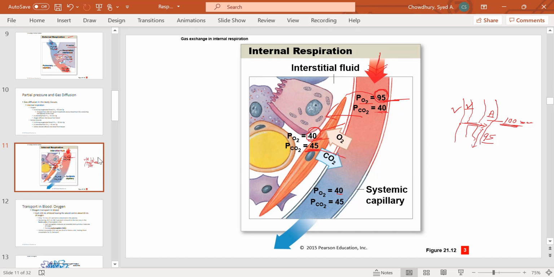So from 45 to 40, CO2 will move. So blood will become deoxygenated because it is losing O2 but getting CO2. Makes sense? And this deoxygenated blood will go to the heart, and heart will send it again to the lung to get the oxygen. Makes sense?